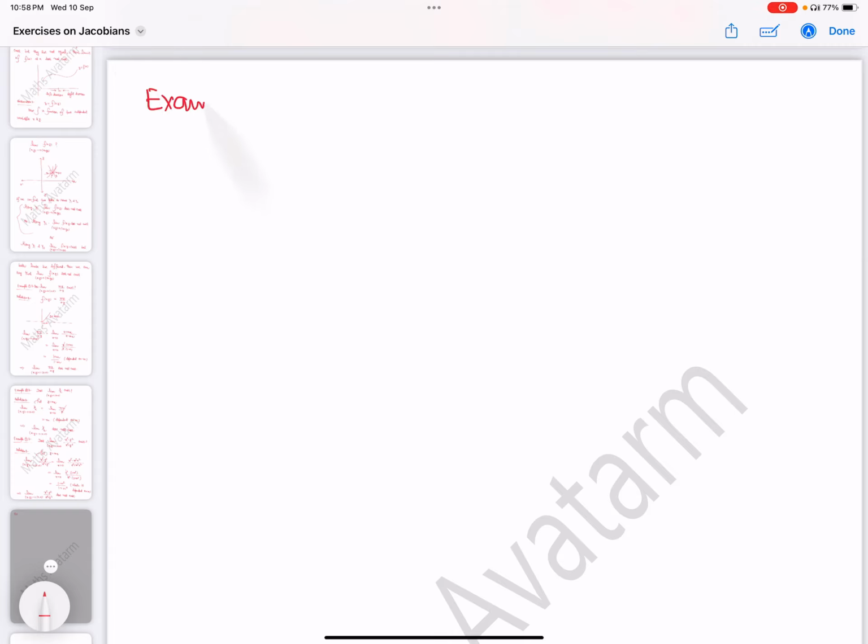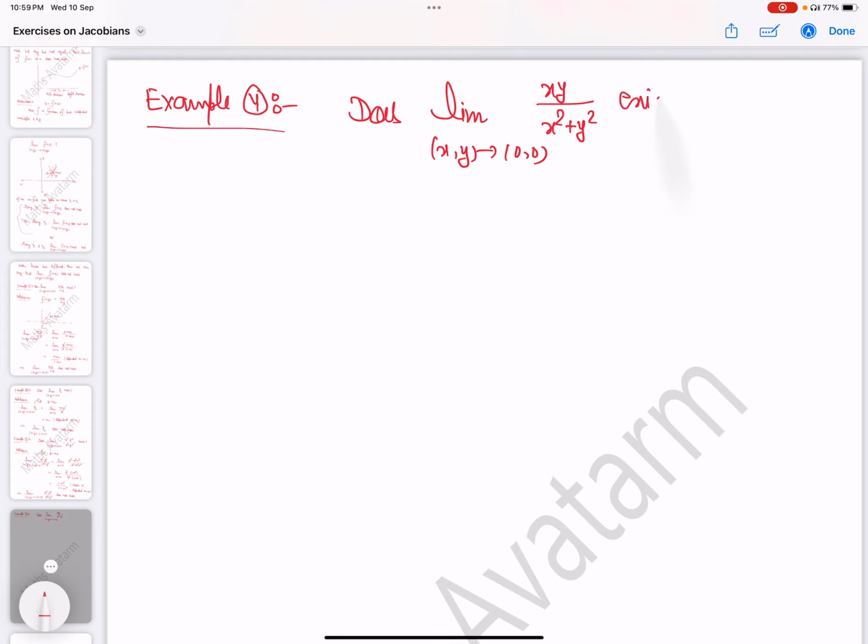Example 4. Does the limit (x, y) tending to (0, 0) of xy upon (x square plus y square) exist? Again, we will take y is equal to mx.